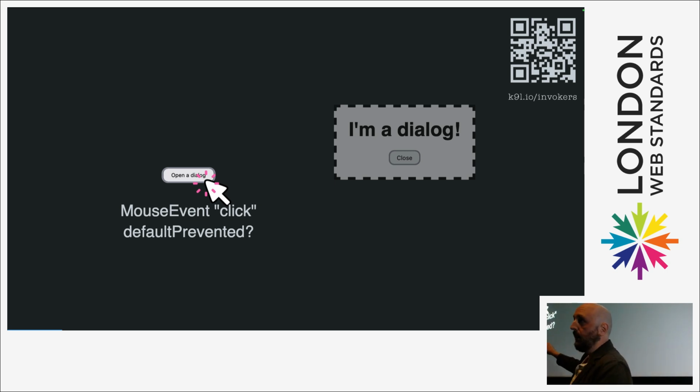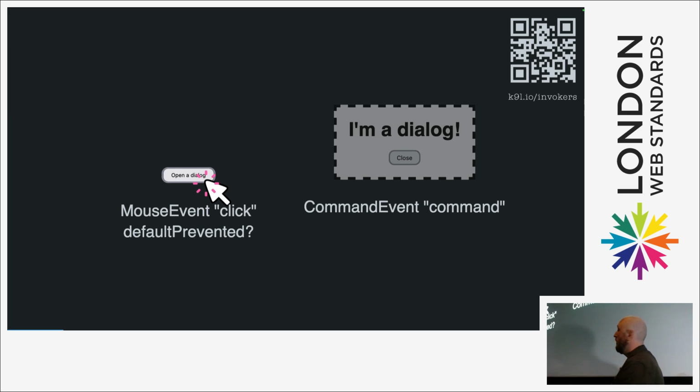If your button is a command button and you don't call prevent default, here is the new behavior. Here's where the magic happens. There is a command event that happens on the receiving element, and this is the new thing. And this command event, called command, is also default preventable. So you can call prevent default to stop this from happening. If you don't call prevent default, this dialog will start to show.